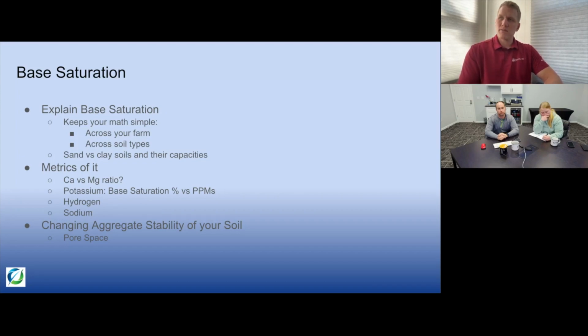And so if we can have 65 to 70% of those exchange sites being occupied by calcium, and 10 to 14, 15% being occupied by magnesium, and around 5% being occupied by potassium, that leaves the rest of the exchange sites to be occupied by hydrogen and sodium, the two other more prevalent ones. And then there's a ton of other micronutrients that occupy a little bit of those exchange sites too.